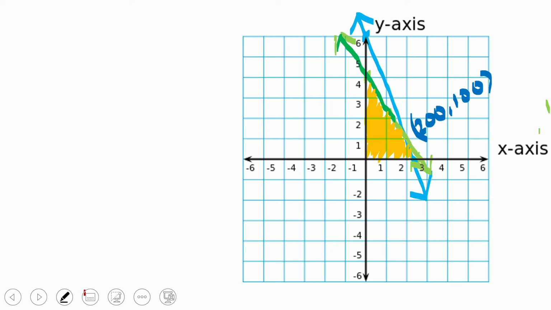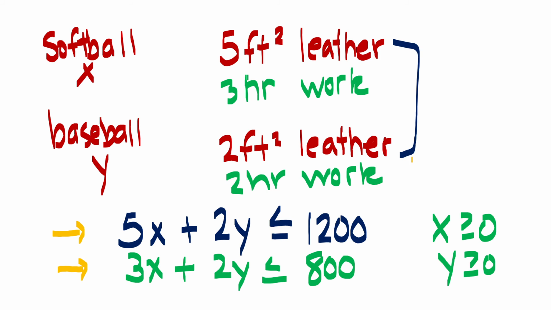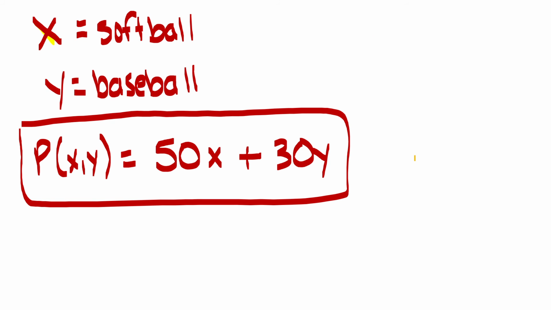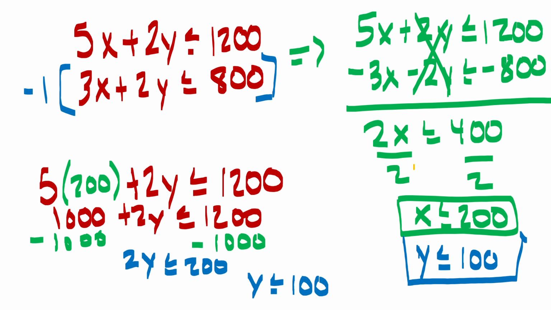And to find that profit margin, we're going to take these plotted points for our graph that we found, and we're going to test them in the original profit margin expression that we built for x and y. So we're going to see where the maximum profit will land with 50x plus 30y. How do we do that?